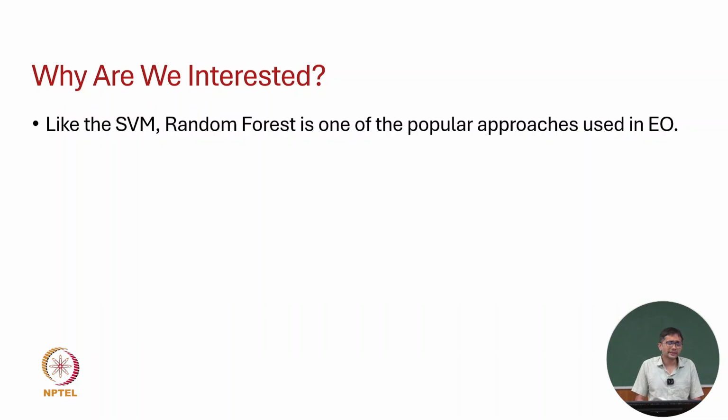So the question automatically comes to our mind: is that also the case with random forest? And we see that indeed random forest used to be one of the popular approaches used in Earth observation, if you see the time bracket of 2001 to 2010.